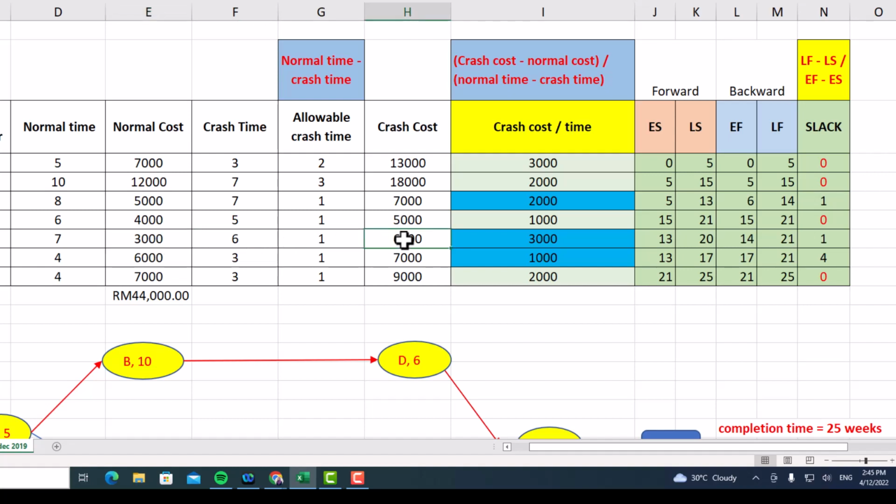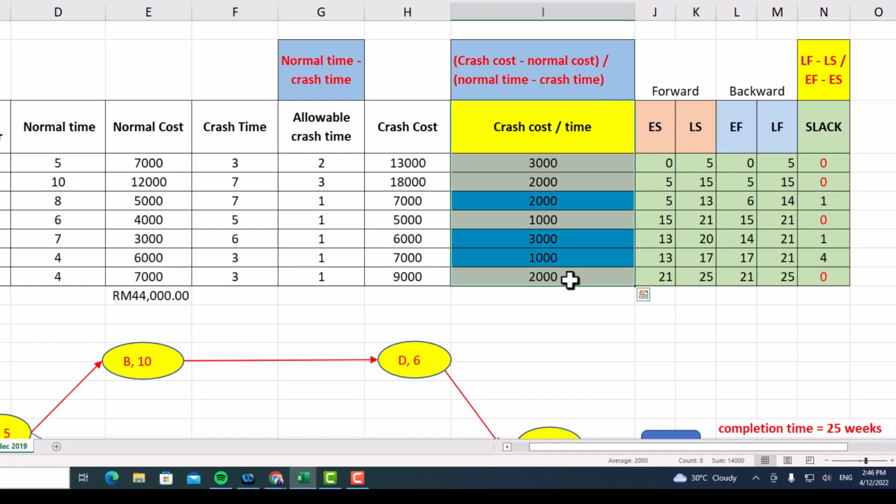So 3,000 divided by 1, you will get 3,000. Activity F, 7,000 minus 6,000, you will get 1,000 divided by 1 equals 1,000. And the last one, activity G, 9,000 minus 7,000, you will get 2,000. And 2,000 divided by 1, you will get the same answer, 2,000.